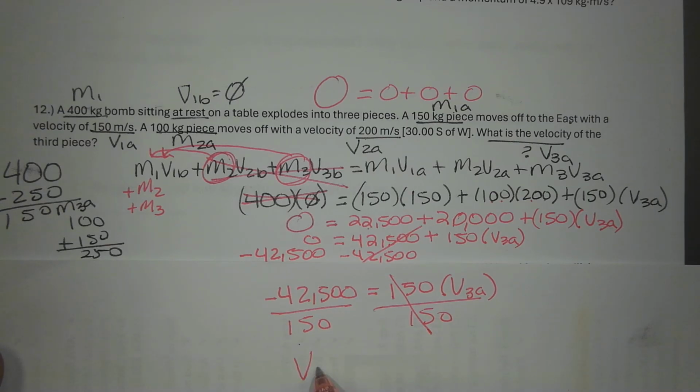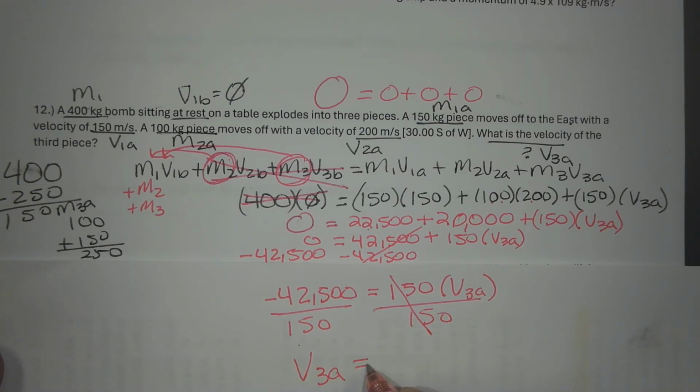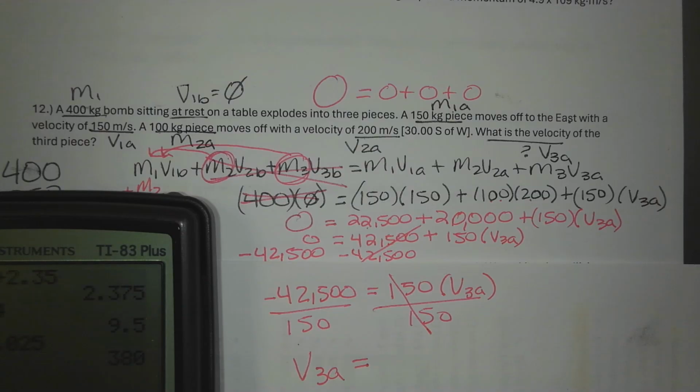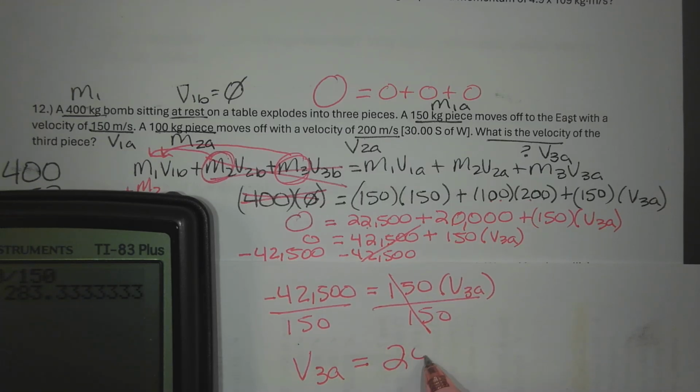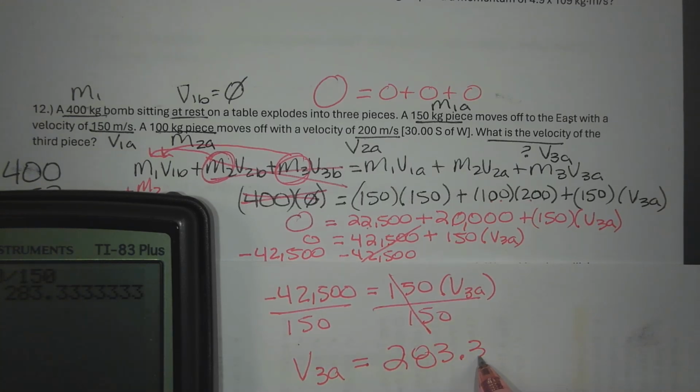The velocity of bomb piece number 3 after the collision came out to, let's see, 42,500 divided by 150, 283.33 meters per second. There you go. Hopefully that makes sense.